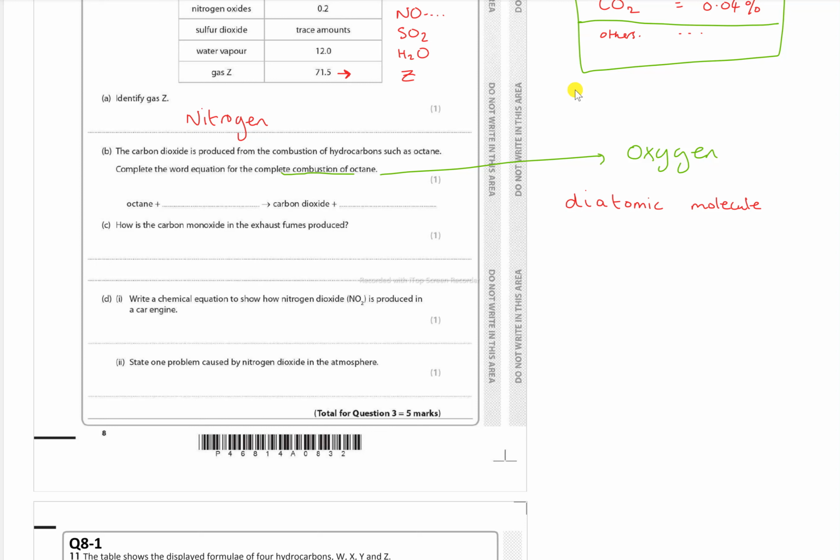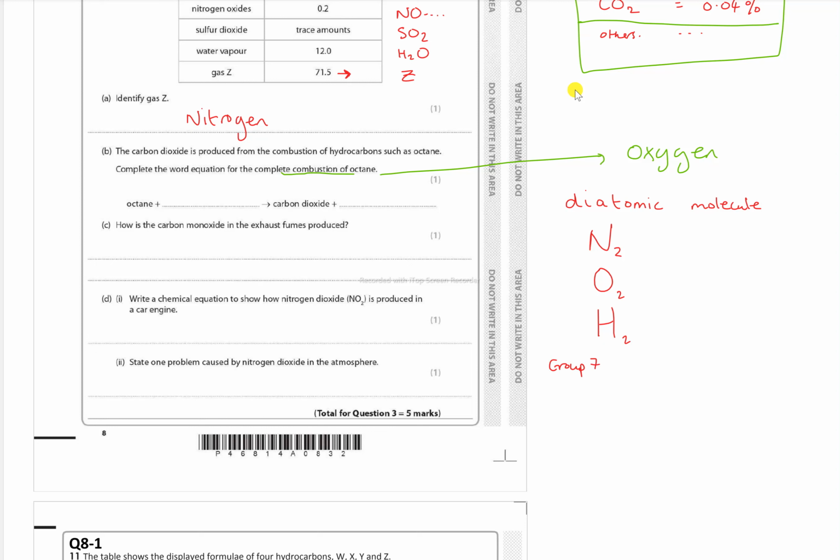So what they're saying is it exists as a pair in the real world out there. So I remember it as nitrogen, oxygen, hydrogen.